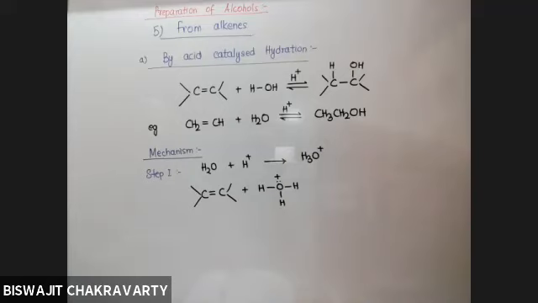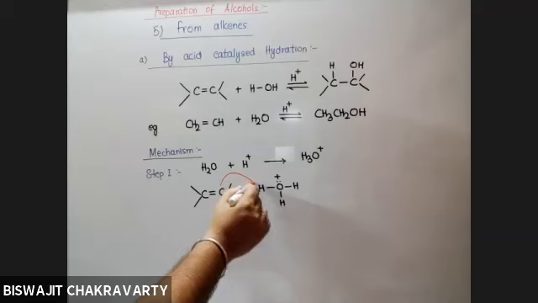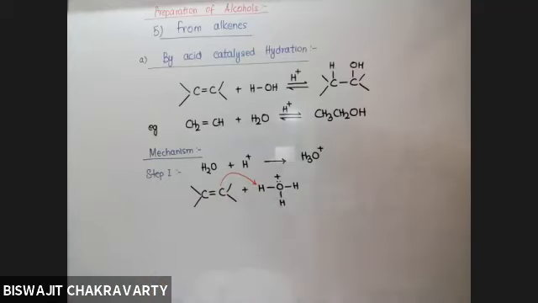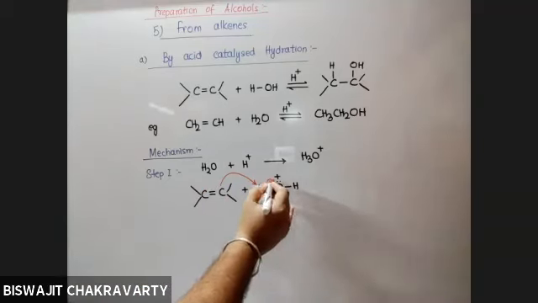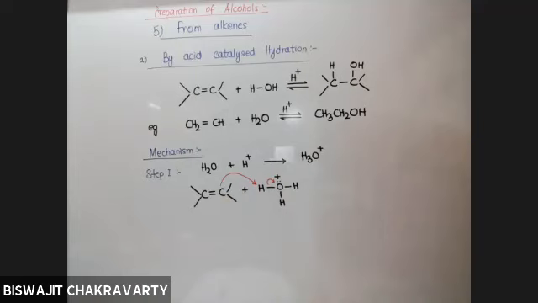So any one of the carbons can invite the H plus. So suppose it invites the H plus. And in order to invite the H plus, obviously, the electron cloud should move towards it, resulting in the formation of this product.